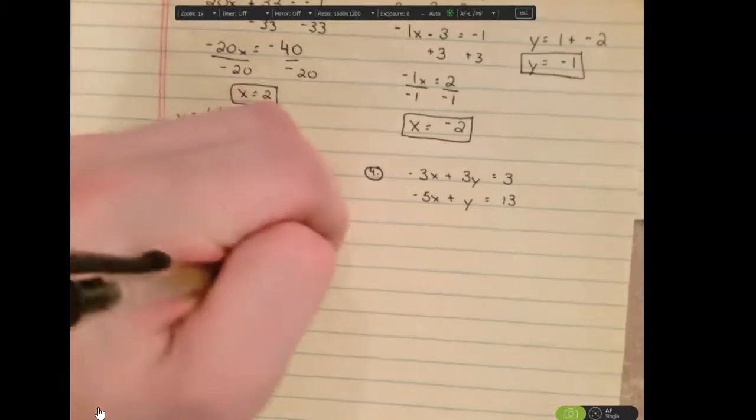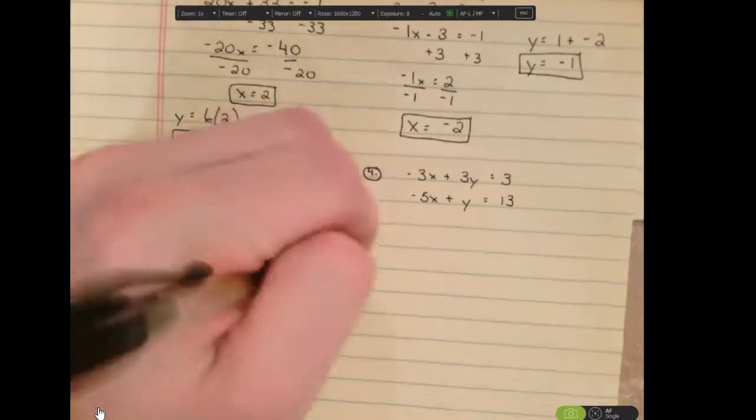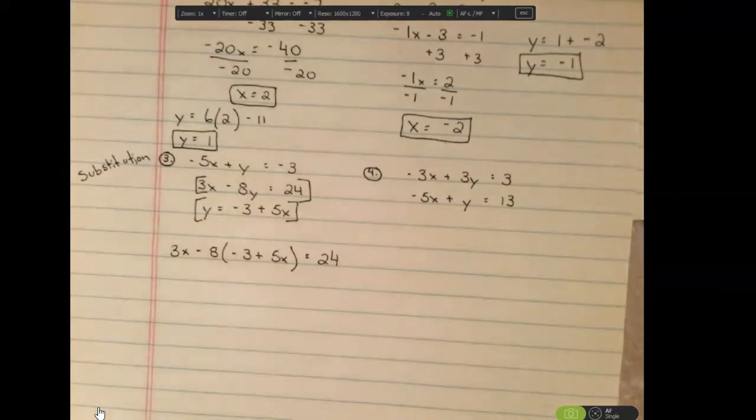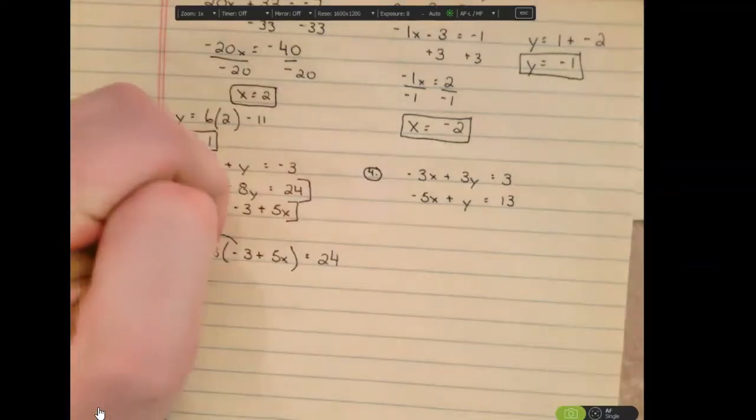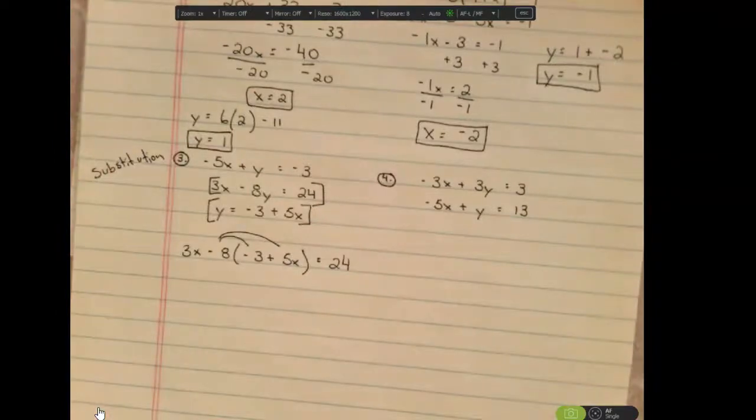And that is equal to 24. And from there, we're going to just simplify this equation then, and we're going to find what x equals. So my first step, I'm going to distribute. So I distribute that -8.